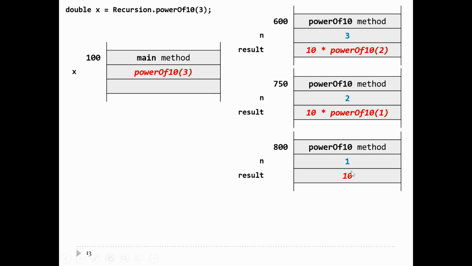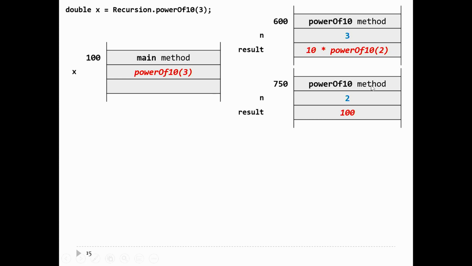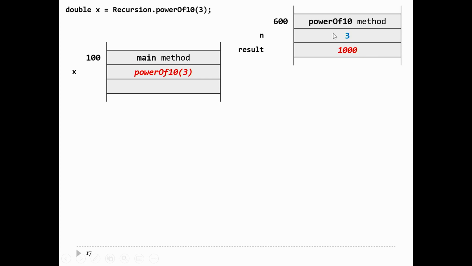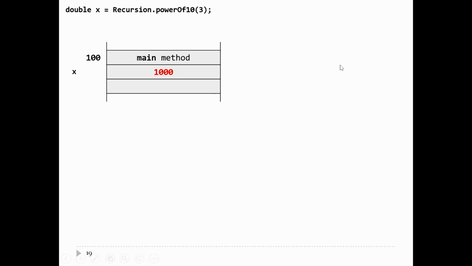So that 10 gets passed back up to the previous version of power of 10, and then this can go away. And we can calculate 100 here. This can get passed up, that can go away, and that value becomes 1,000. And that 1,000 now gets returned back to the main method. And then finally, this can go away.